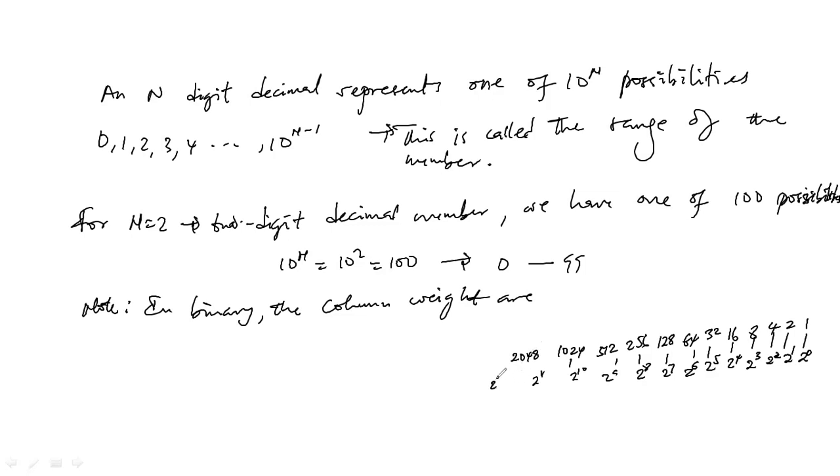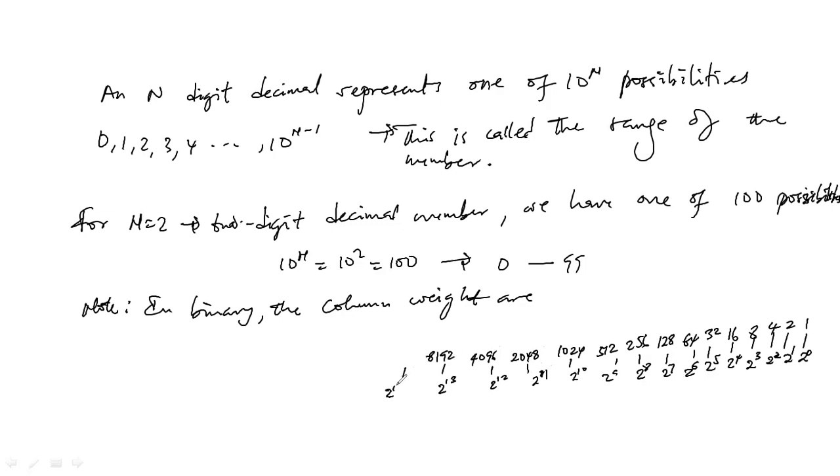2 to the power of 12 is 4096. And 2 to the power of 13 is 8192.